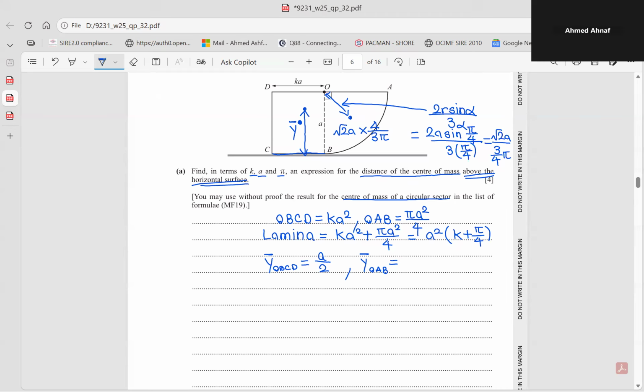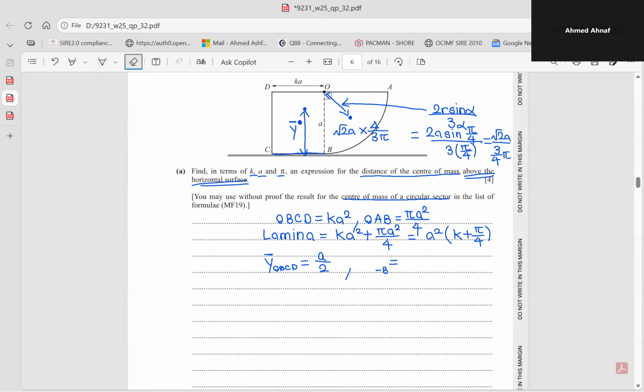Now the question is, how do we find the vertical distance? Okay, I think I have an idea.